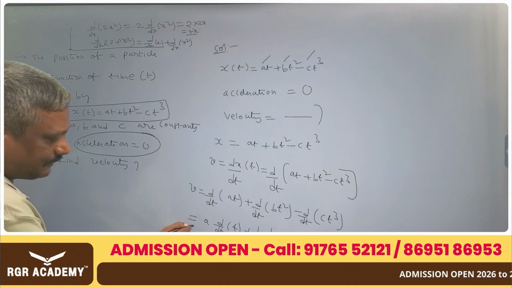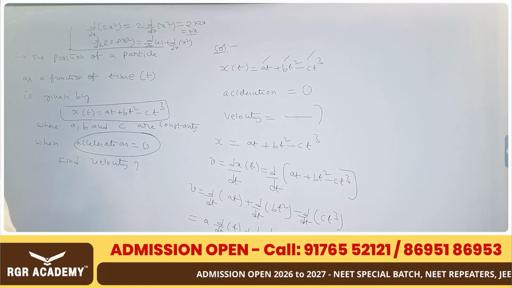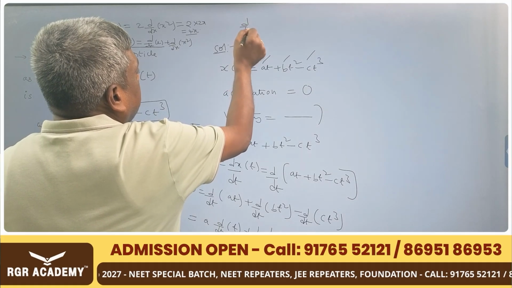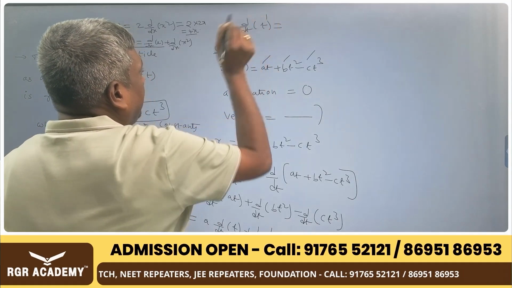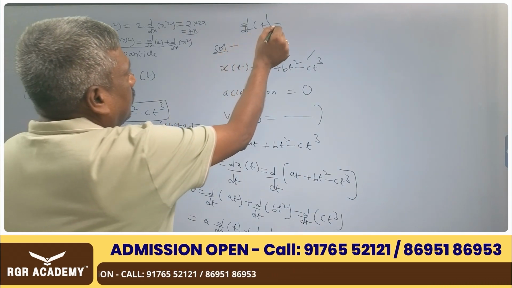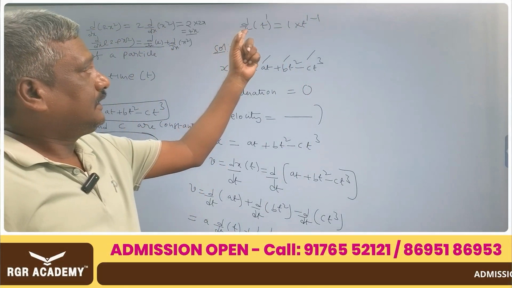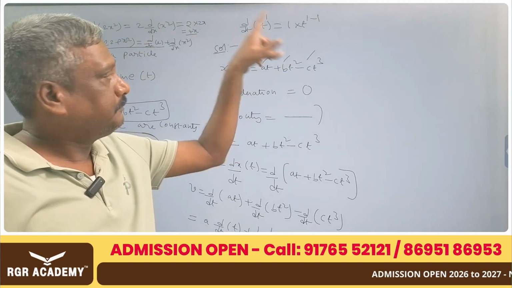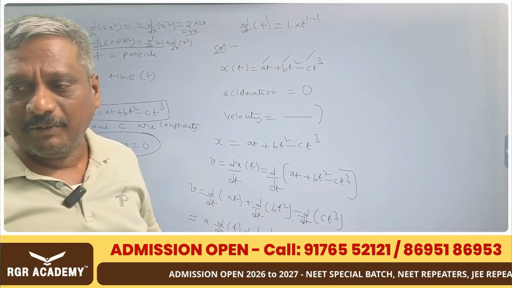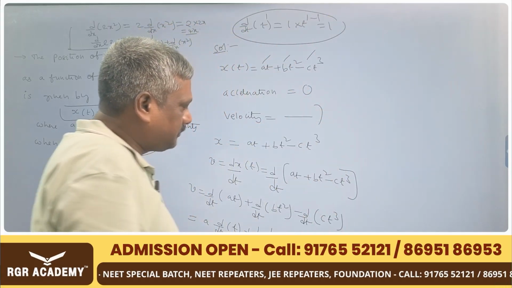So a into d by dt of t: what is the value of d by dt of t? Apply the differential formula, n into x power n minus 1 type. So 1 into t power 1 minus 1, which is 1 into t power 0, so its value becomes 1. This is an important value.